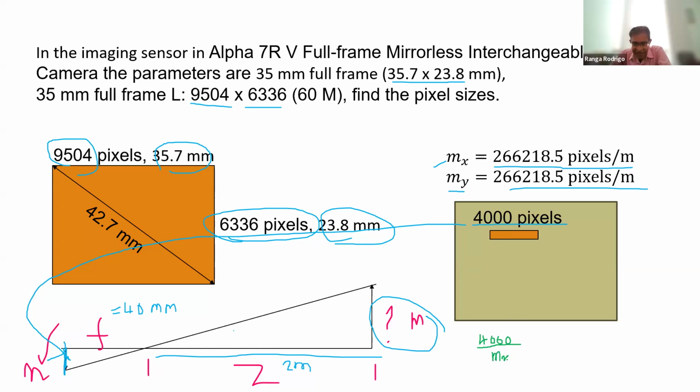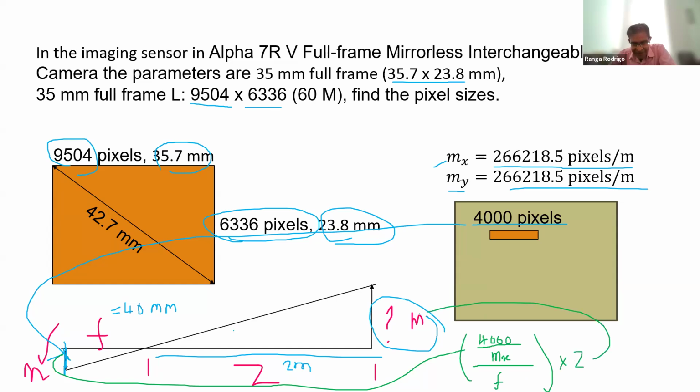Now you get that in meters, and that is this height that we have now in meters. So divide that by f. Okay. Multiply the whole thing by Z to get this number, right? That's a calculation you have to do. So you can use a calculator and do that.